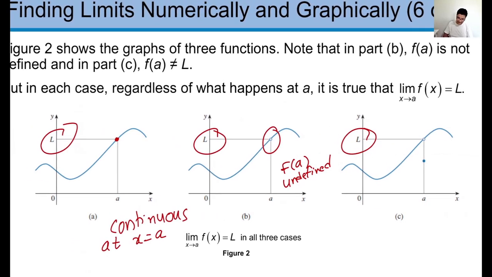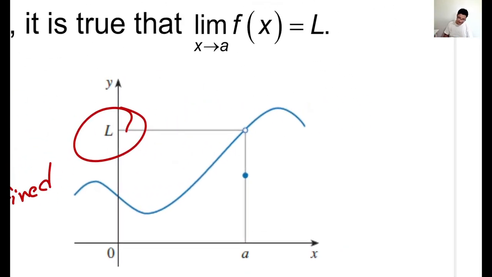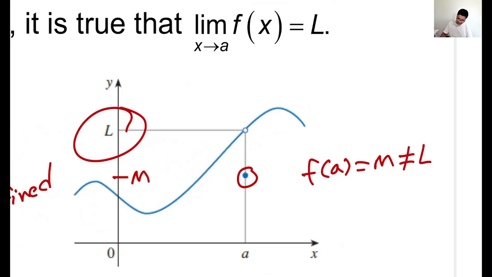In the first case, it is continuous. In the second case, the function is not defined at A. In the third case, the function is defined at A. There is a value to it. Let's say that value is some number m. So f of A is some number m, but that is not equal to L, where L is the limit.